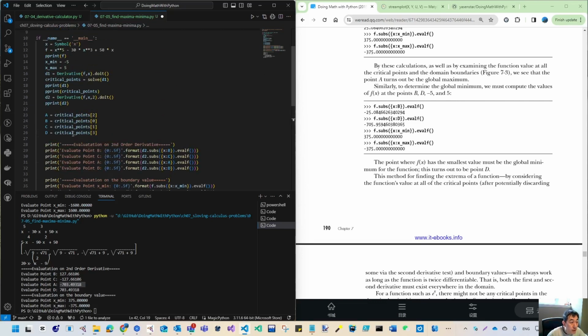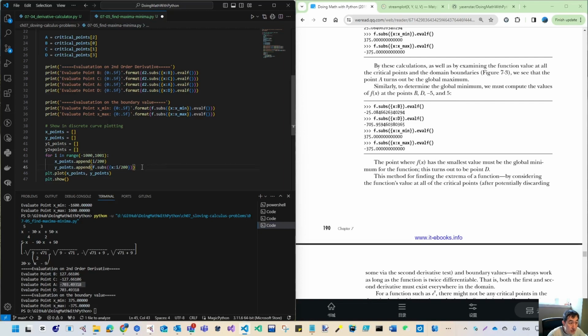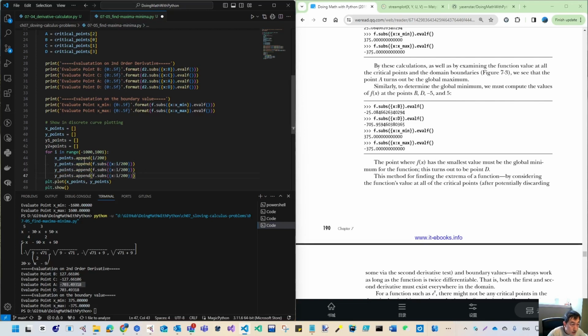So we have D1, D2. Let me copy that to draw the three lines. So Y1, Y2, and here I use D1 and D2. Then here I just keep using this way.